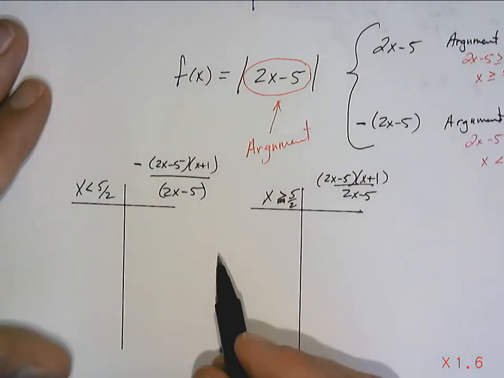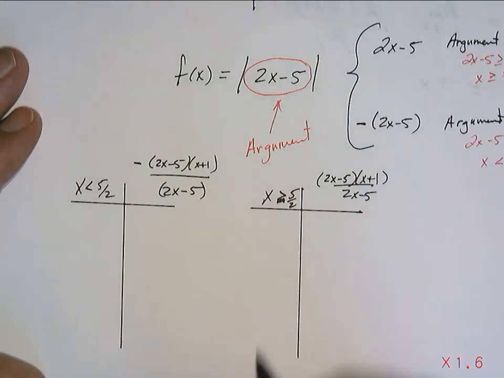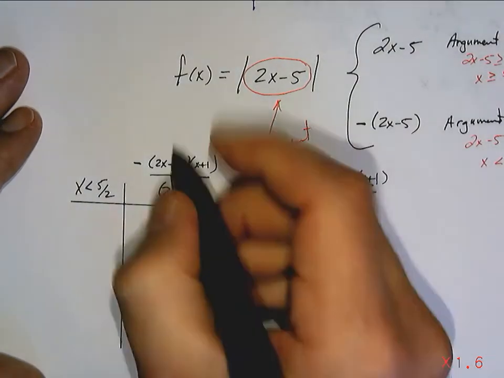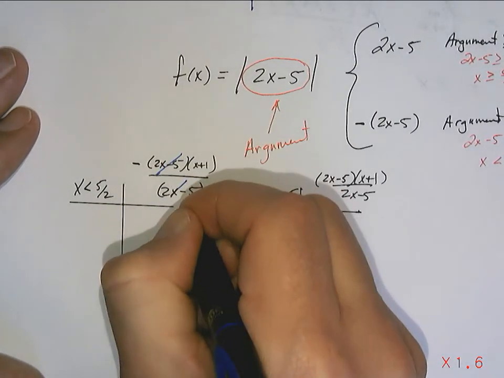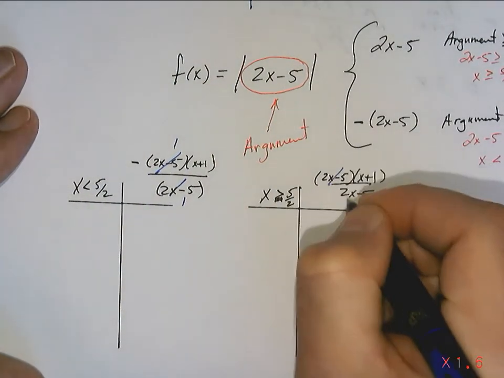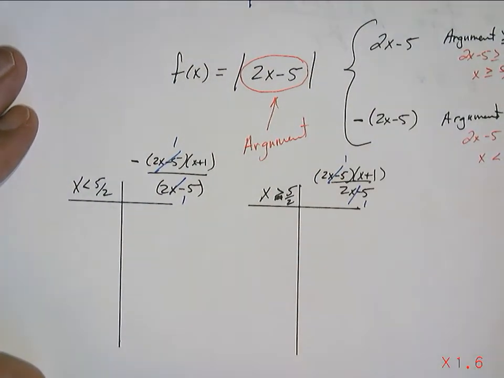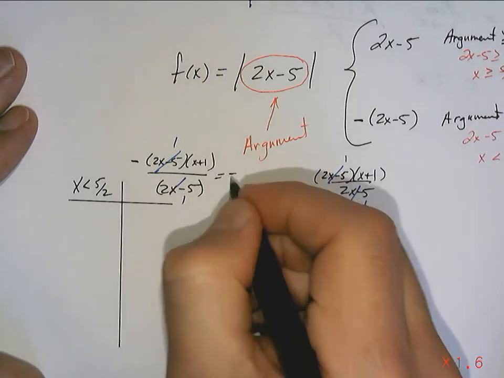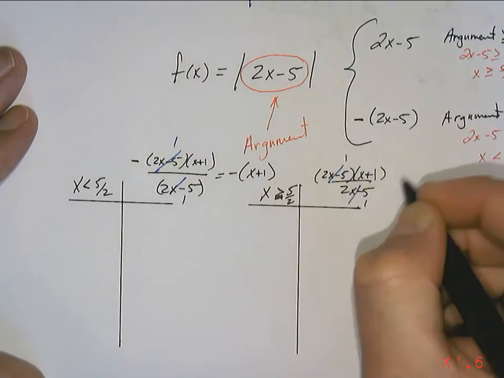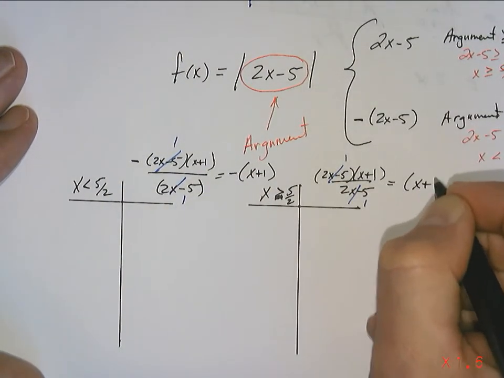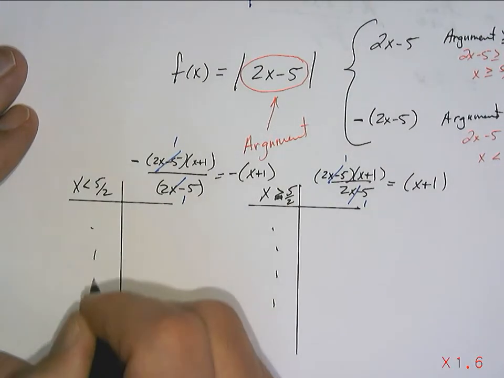And you could go ahead and plug in all sorts of values down here, or you could stop for a minute, realize that you could reduce that, and do a much easier problem of negative x plus 1 and a much easier problem of just x plus 1 for whatever values of x you choose to put in.